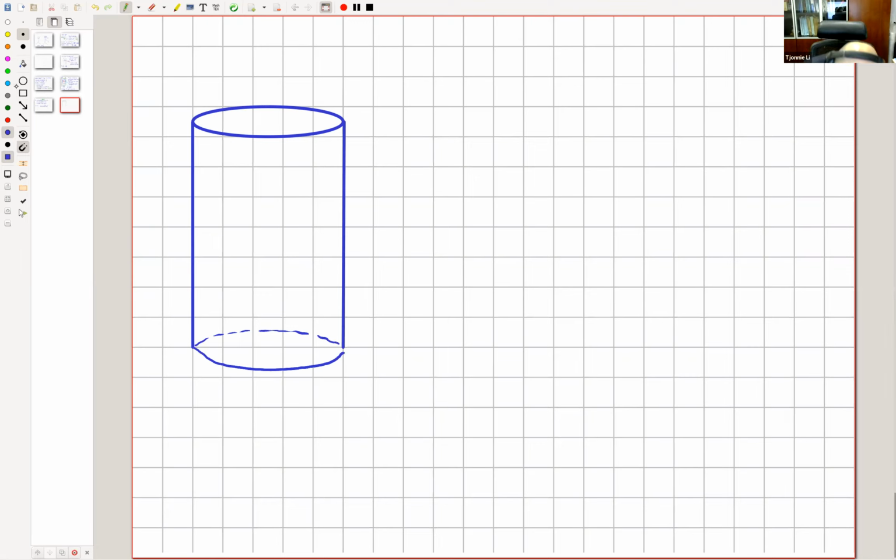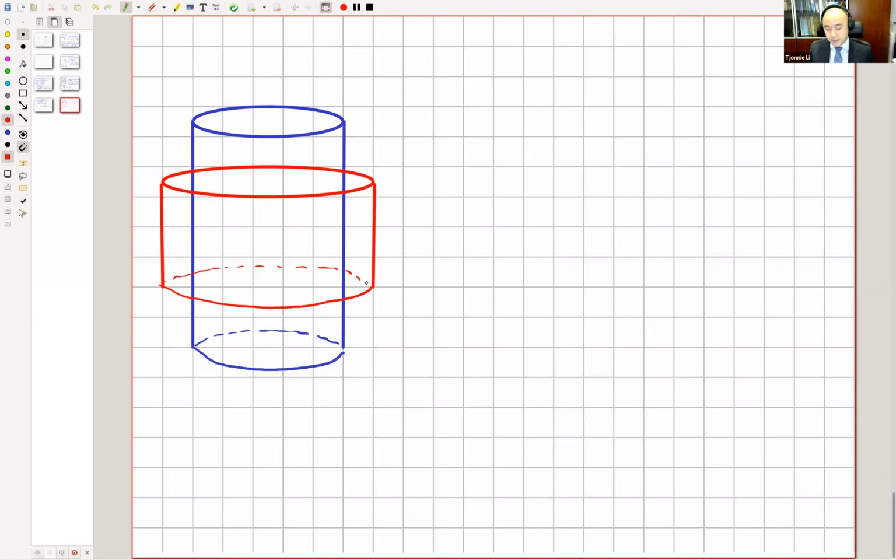Now I'm drawing some surface around it like this. So we draw a Gaussian surface around like this.